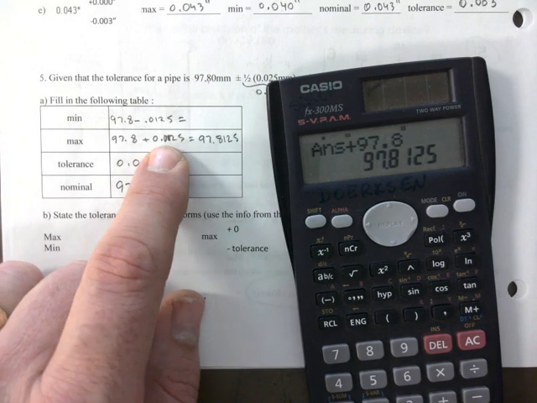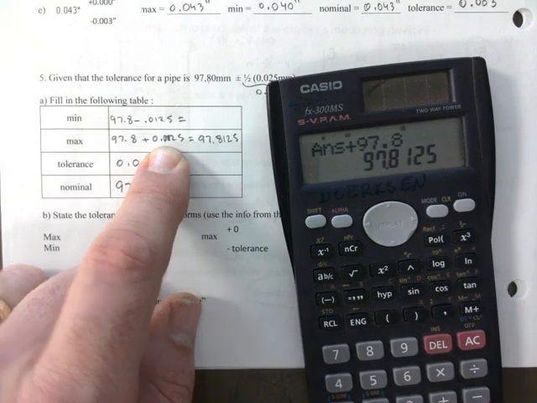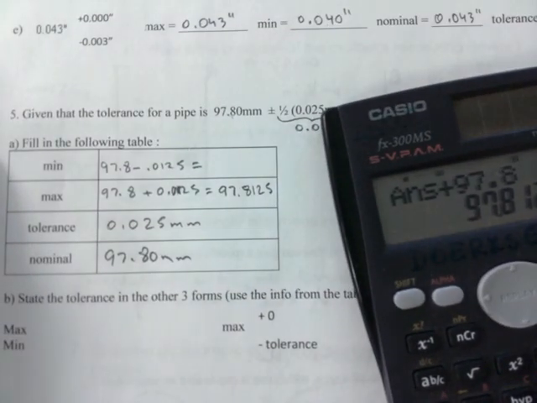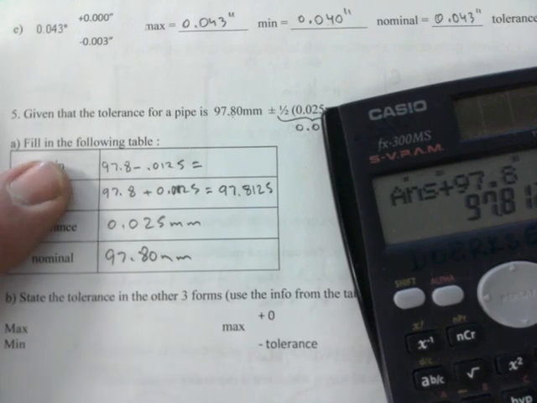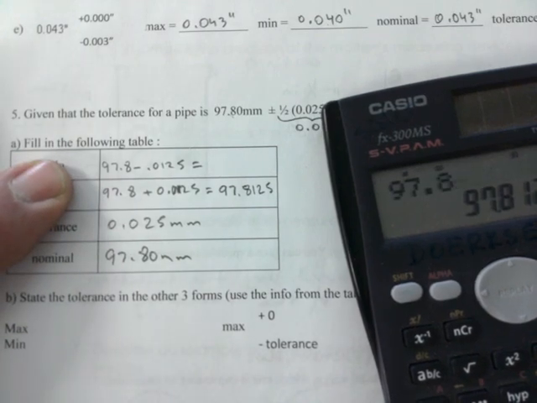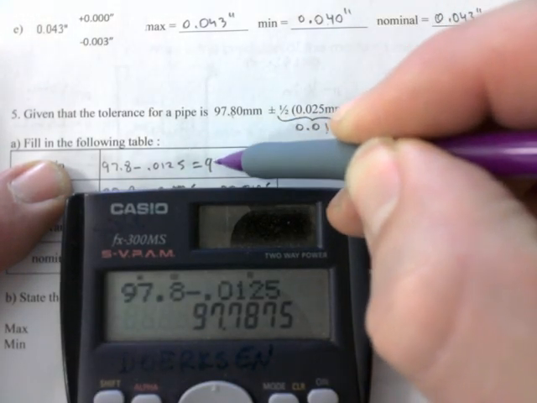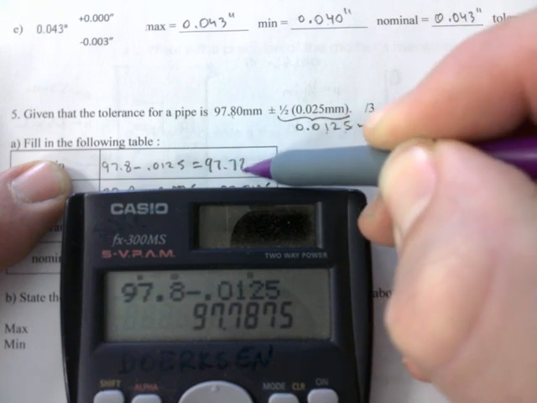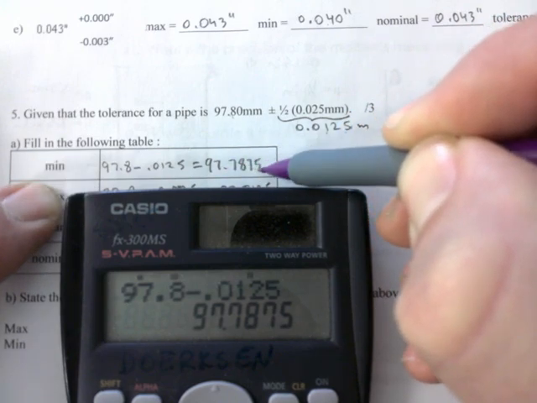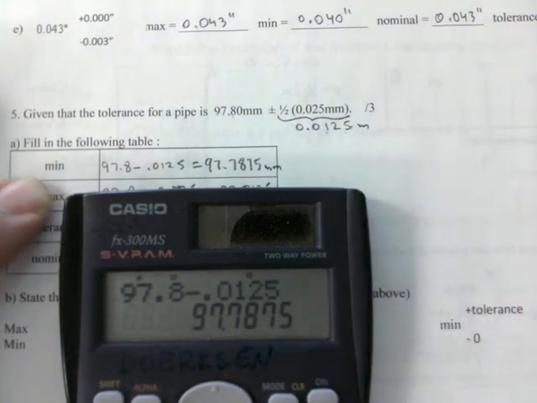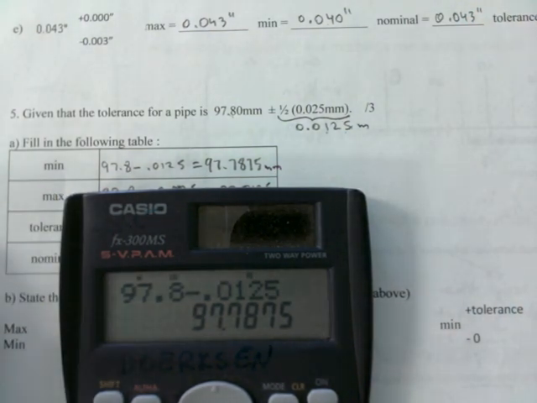And that's because at first I didn't have that 0. That's very important. Let me zoom into that. It's very small. And then the minus, it's basically Friday, right? So I've got to watch out what I'm doing here. 97.7875, and I am in millimeters. So I have to subtract that.